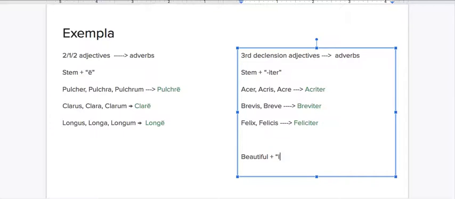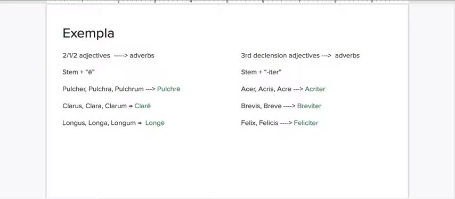Instead of an e with a macron or an iter, I add on an ly: beautifully, right? You sing beautifully, because adverbs, as hopefully we know by now, describe verbs or other adjectives or adverbs, whereas adjectives describe nouns. So you sing beautifully, but it is a beautiful tree. Okay? Adjective, adverb. All right, let's keep moving.